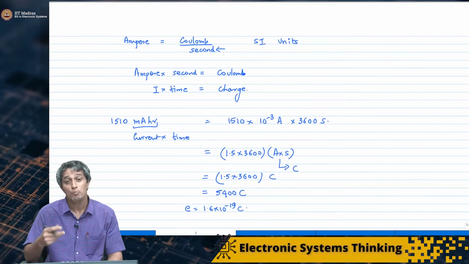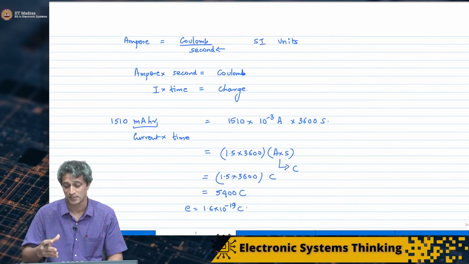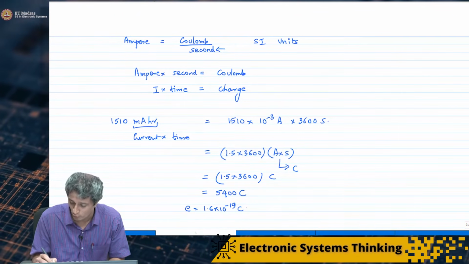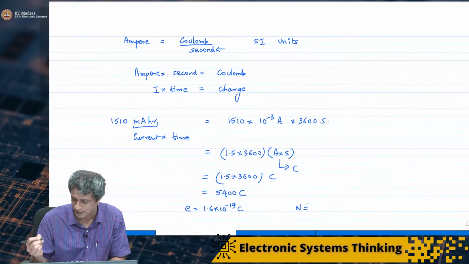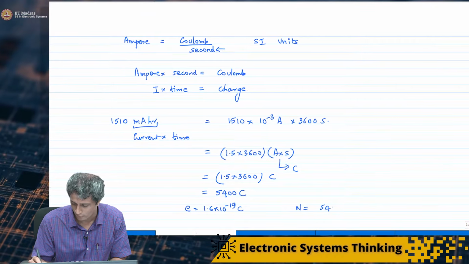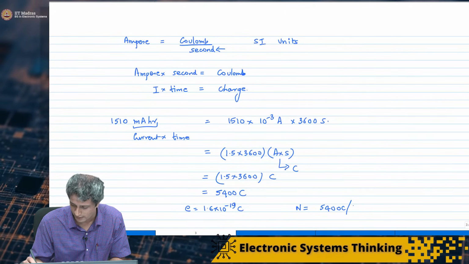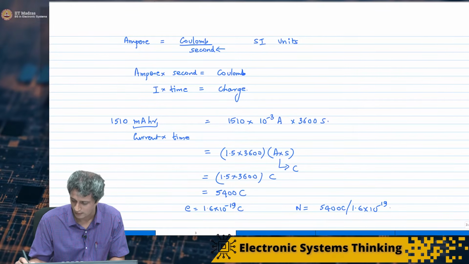So the number of charged particles that this battery is actually storing is very, very high. If you want to get that, you will have to divide. The number of charged particles will be the total charge, 5400 coulombs, divided by 1.6 into 10 power minus 19 coulombs.